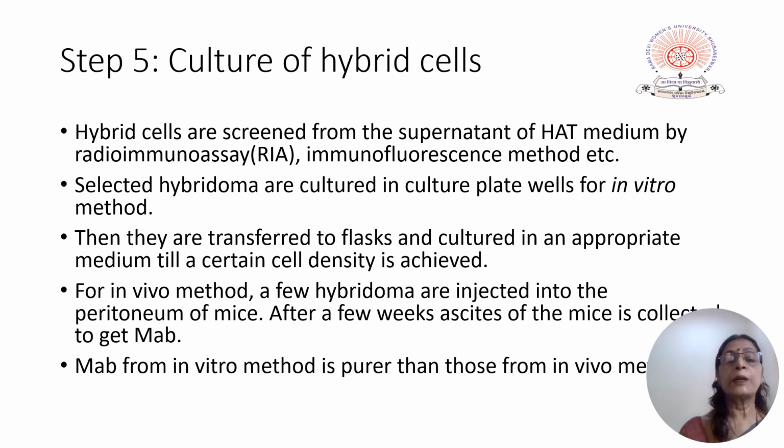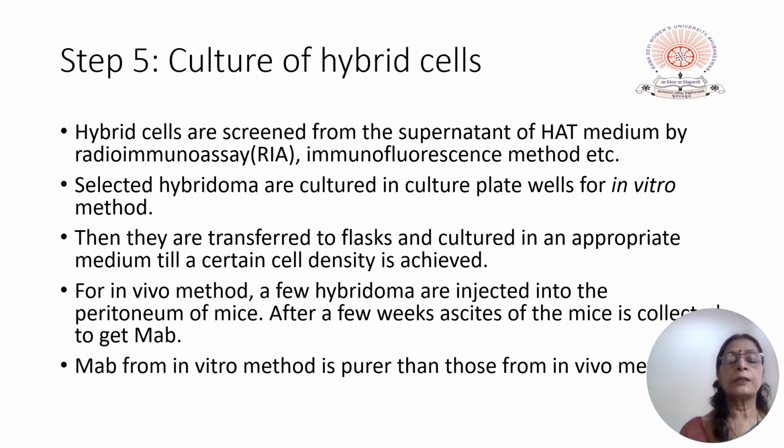After selecting a particular hybridoma, these are cultured in a culture plate by the in vitro method. In the in vitro method, from the culture plate, the hybrid cells are transferred to flasks and again cultured till a particular cell density is achieved, and these hybridoma cells are then used to collect the monoclonal antibody.